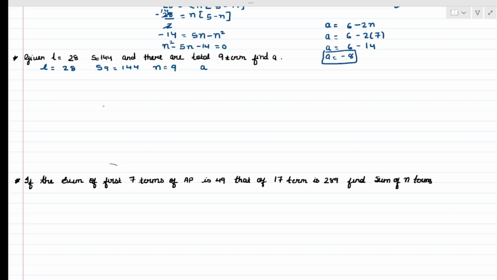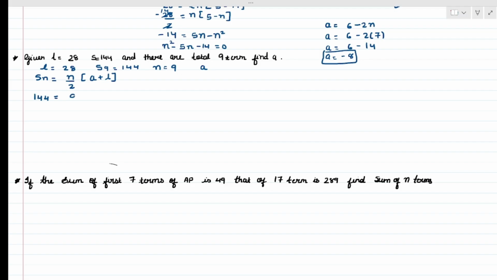In this case, we are given your last term directly. So when your last term is directly given, you can use this formula: Sn equals n upon 2 times (A plus L). This is the shortcut formula, but you can use it only when the last term L is given. So S9 is 144.